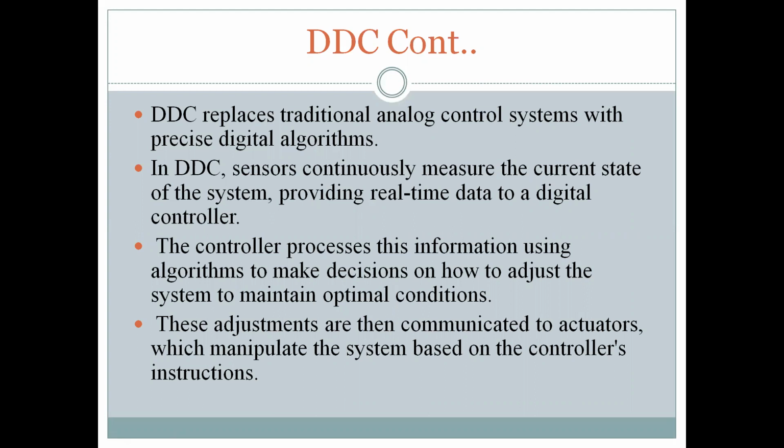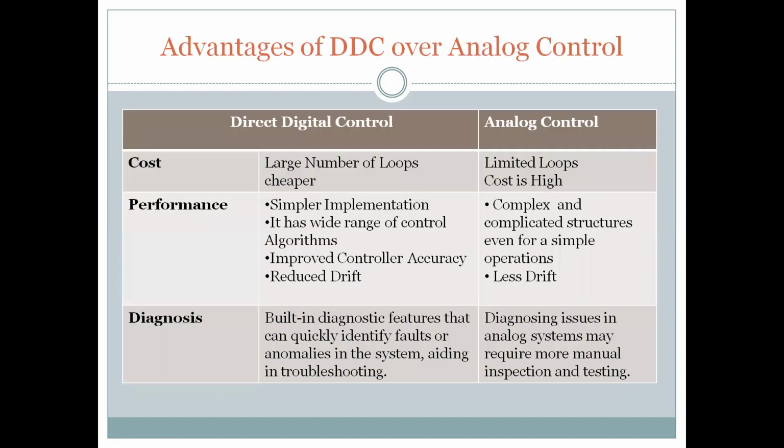The controller processes this information using an algorithm which gives the incremental changes in the set points, and those adjustments are communicated to the actuators, which will manipulate the system based on the control instructions.